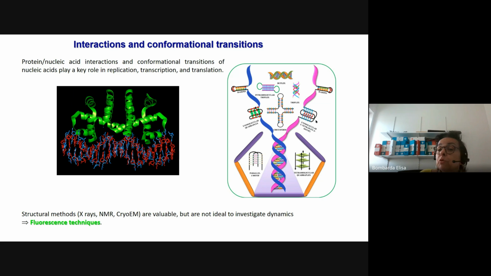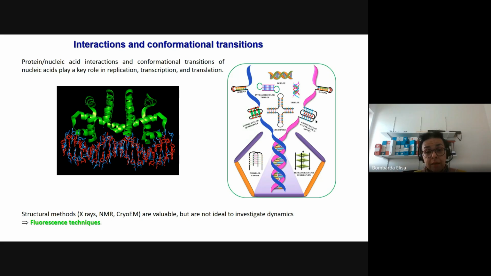So it's interesting to have the possibility to study them, to see how they form, or maybe to find a way to favor their formation or to hamper their formation according to a particular therapy.